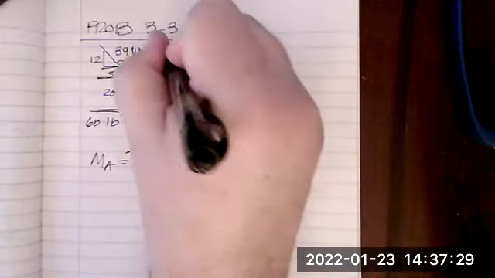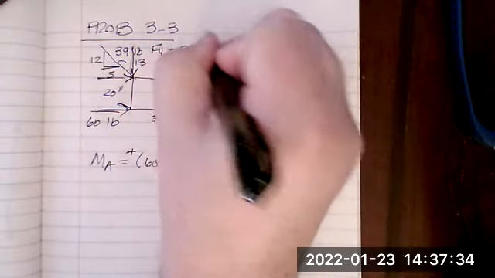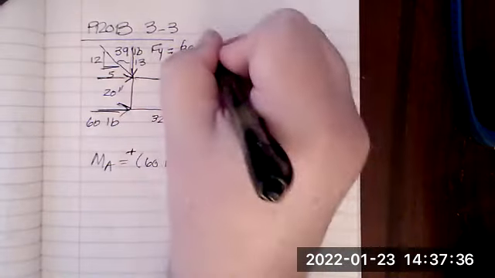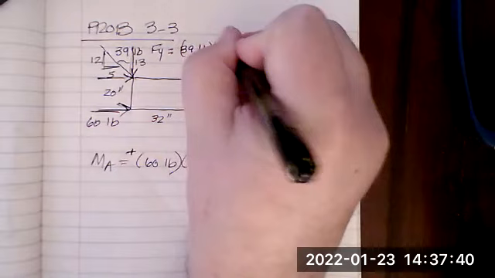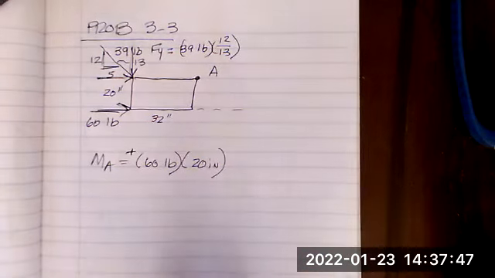Fy is going to be the force of 39 pounds times the leg that's parallel to that force, 12, divided by the hypotenuse, which is 13.